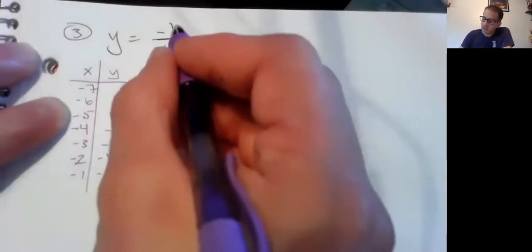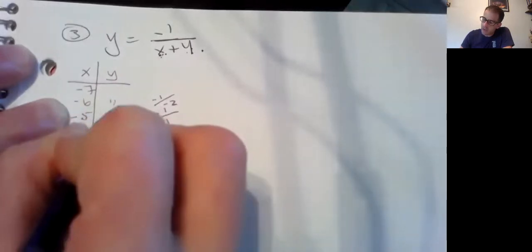Let's plug in -6. -1 over -6 plus 4 is -2, so that's +1/2. And let's plug in -7. -1 over -7 plus 4, that's -3. And that's a third, because a negative divided by negative is a positive, 1/3.